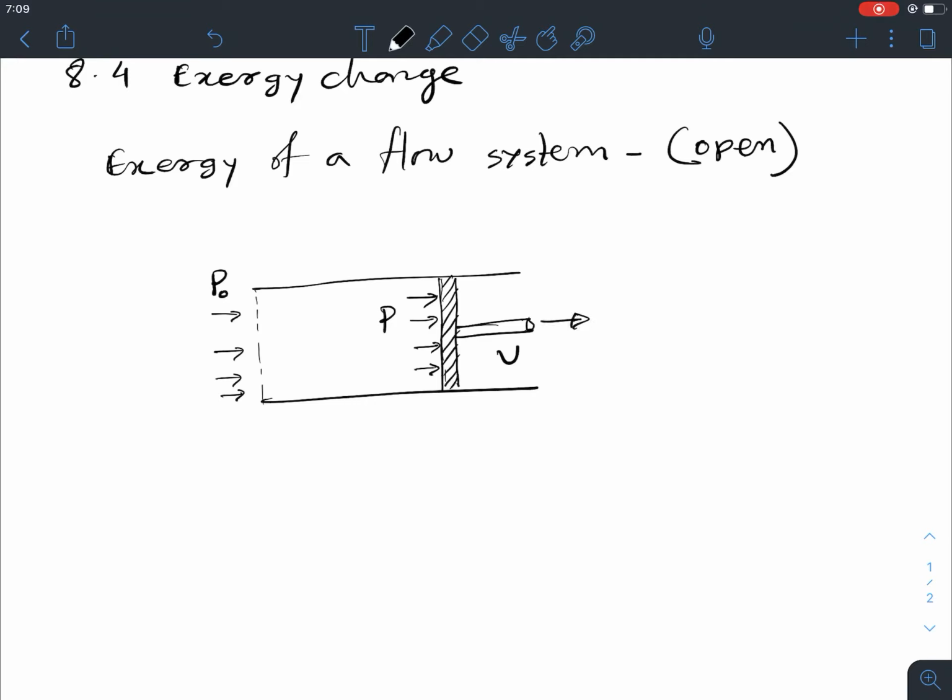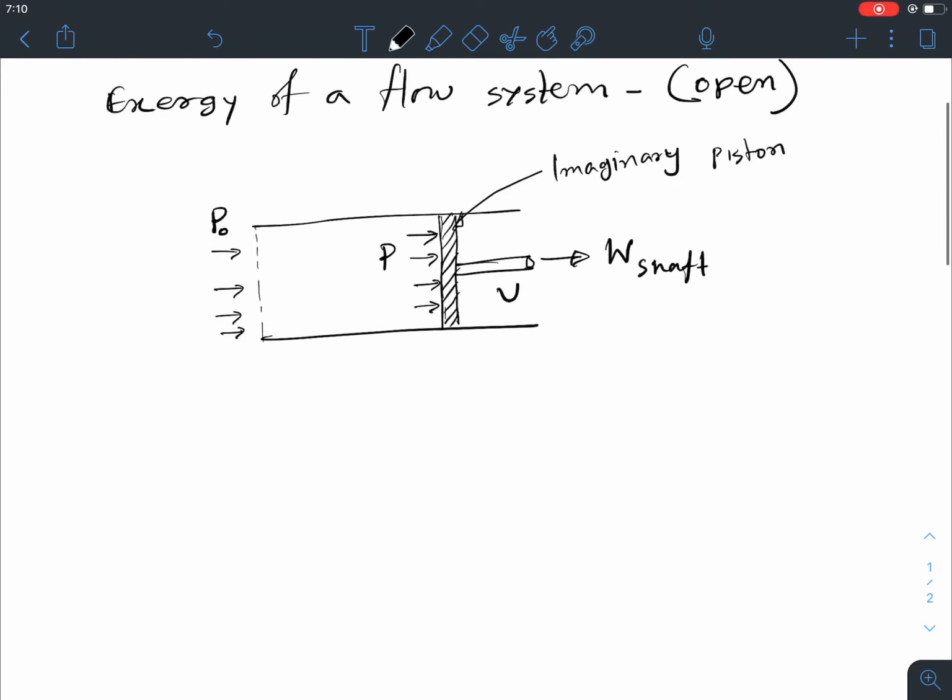When this fluid is putting pressure on this piston, it's producing work, which is W shaft. Okay, so now let me write it here: imaginary piston.